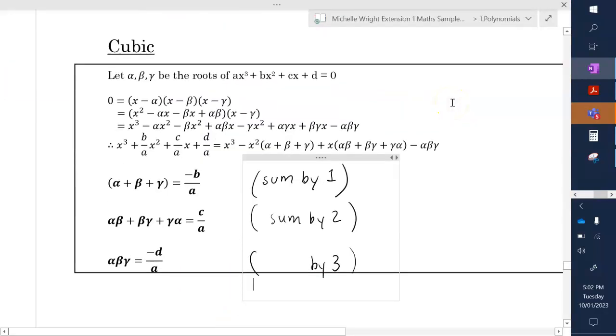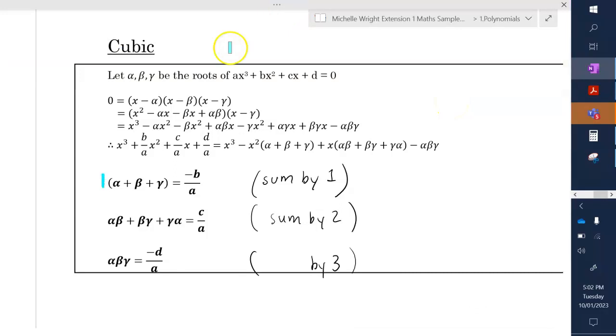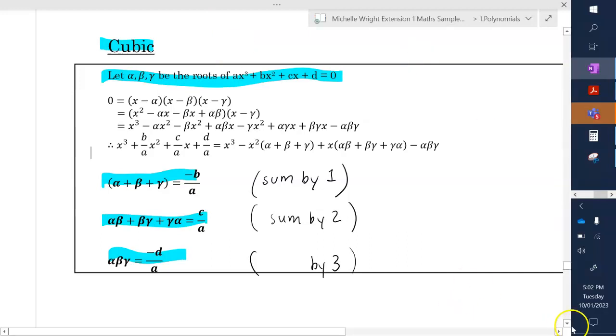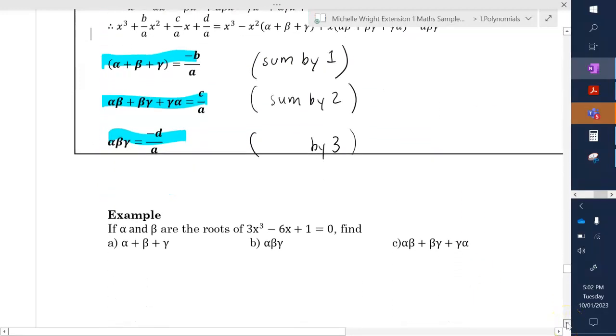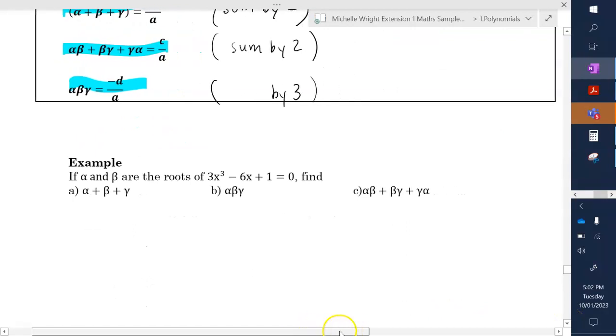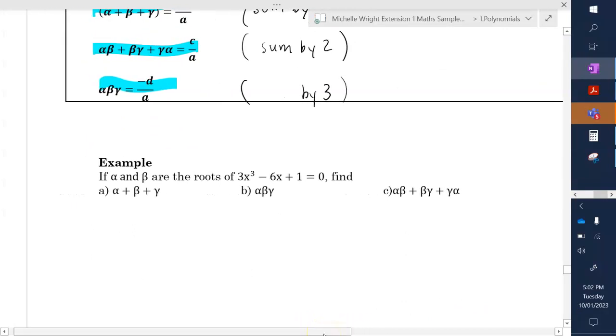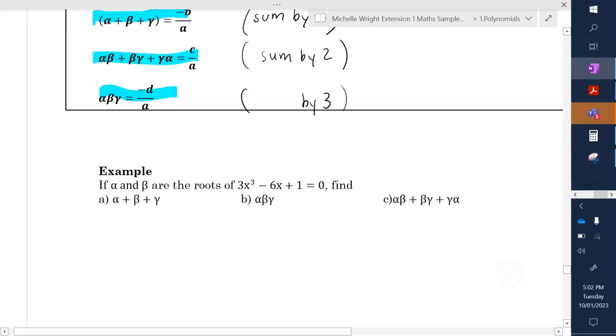Okay, so let's have a look if we can use those. Yes, we need to be familiar with these three, and it relates to our cubic. So let's go down and have a look at your first example. Now, very similar to the quadratic, we're given combinations of roots, and we're going to have to use a little bit of algebra and a little bit of cleverness sometimes to work out what our answers are.